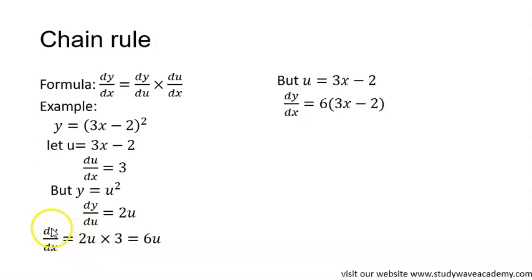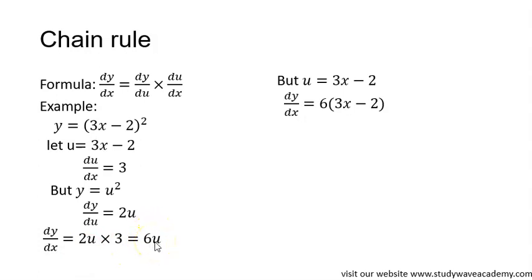Remember, this is the formula we're substituting into. dy over dx is equals to, the first one here is dy over du, and dy over du here is 2u. So we have 2u times du over dx. Du over dx here is 3. So 2u times 3 is going to give you 6u. So dy over dx is equals to 6u.